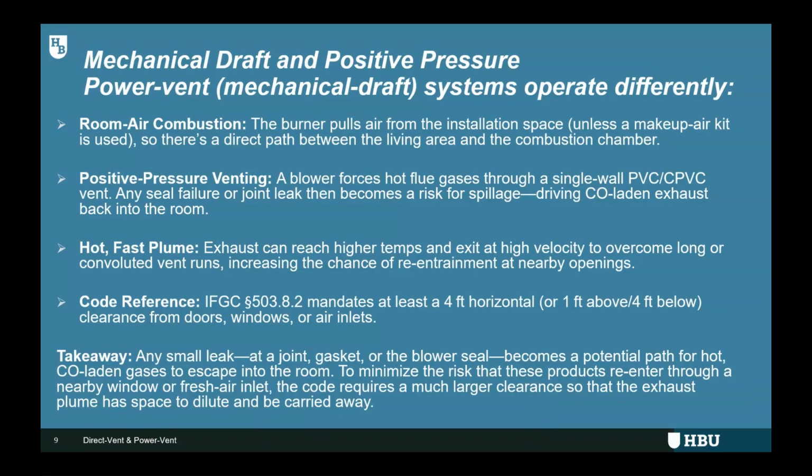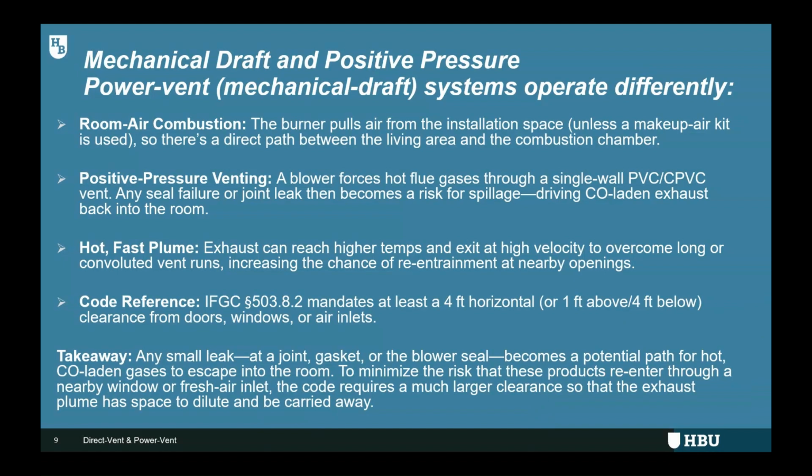Let's now get into why mechanical draft or power vent appliances for water heating require a larger clearance of at least 4 feet horizontally or specific vertical distances from doors, windows, or air inlets, as mandated by the International Fuel Gas Code.